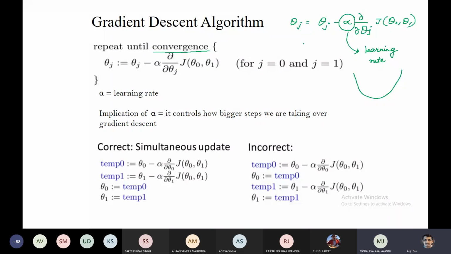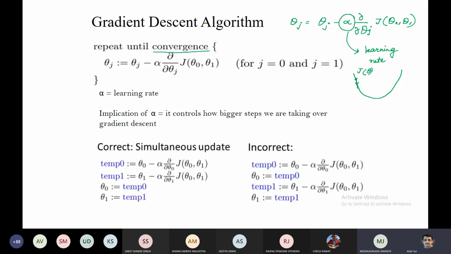This is two dimensional because of J(θ0, θ1), but just for example, take J(θ), the univariate case. If α is small, then the steps are very tiny.